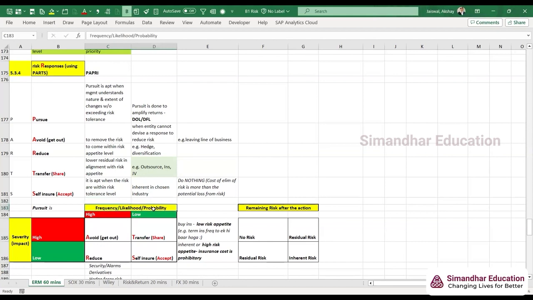Let's say in our godown, we see that there are regular thefts occurring. Small thefts. We are dealers of, let's say, toys, and we are seeing from our godown every now and then some theft is occurring. So the frequency is high or low?